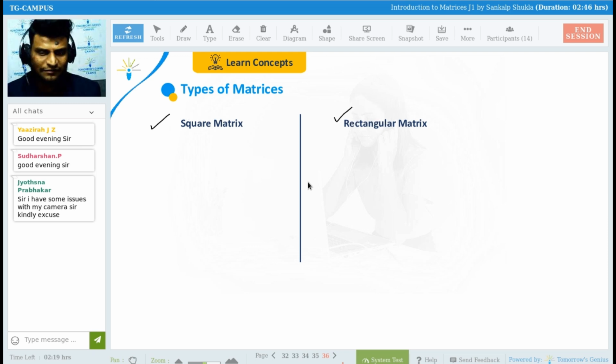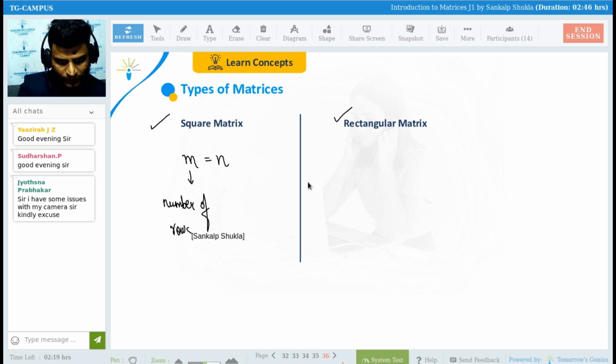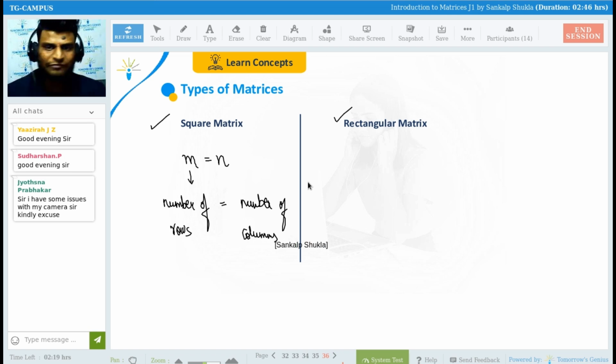So what is a square matrix? If by any chance M is equal to N, what is M? That is the number of rows equal to the number of columns. So ultimately it will become a square matrix, and its shape will be that of a square.